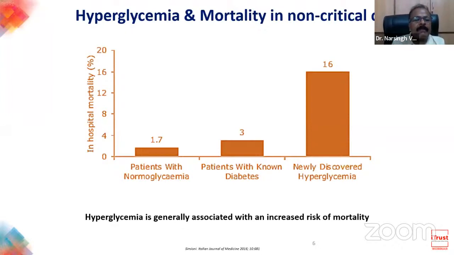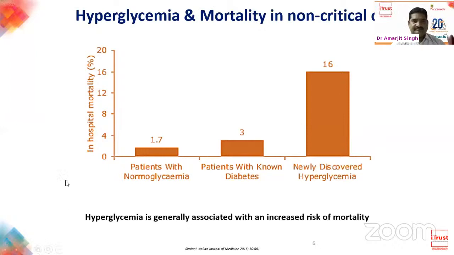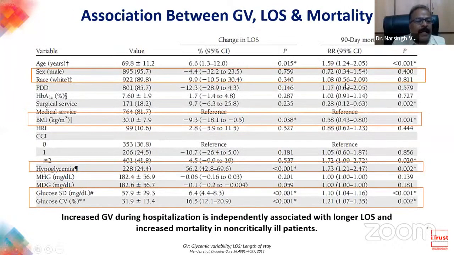Next slide, please. Yes, sir. So it is already related to that. And here, if you see the association between glycemic variability and mortality, the BMIs have been shown, the sex and race have been shown, the age has been shown, and the significant difference you can make out is that with the BMI, there is a difference in the mortality. If you see the 90 days mortality and change in LOS, you will find that changes are there.